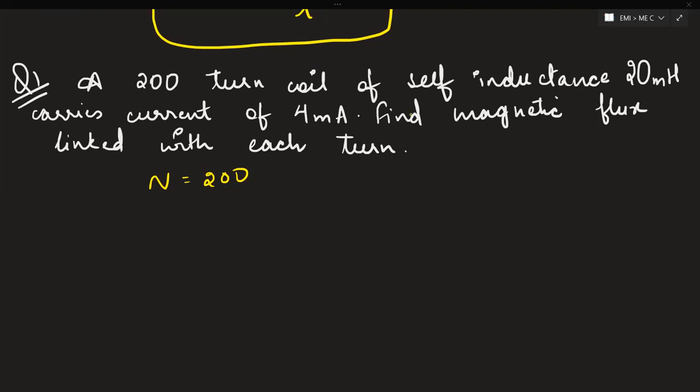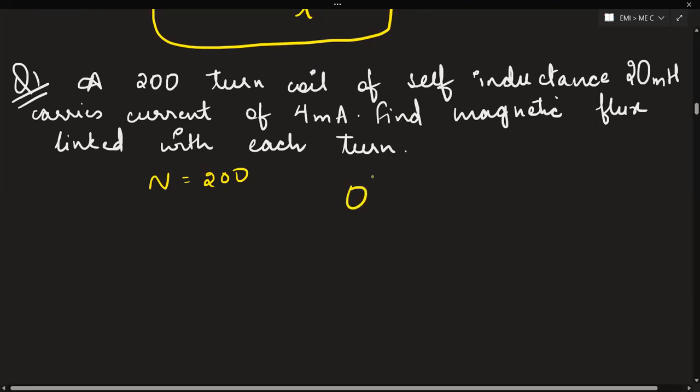Yeah, I'll explain. Phi is directly proportional to i. Basically, phi is equal to L i, that we know. If this was for a single turn, for N number of turns, this becomes N into phi. Number of turns get multiplied.